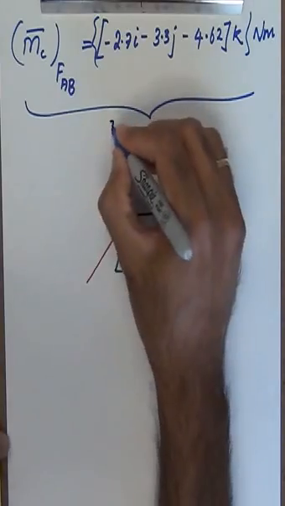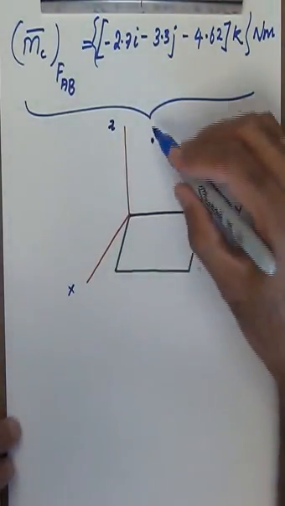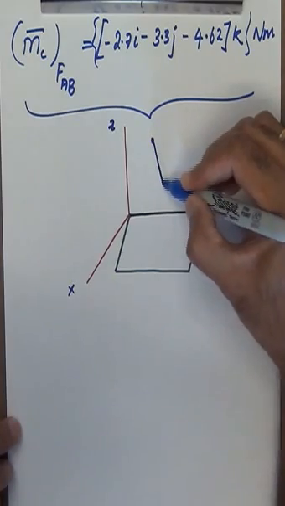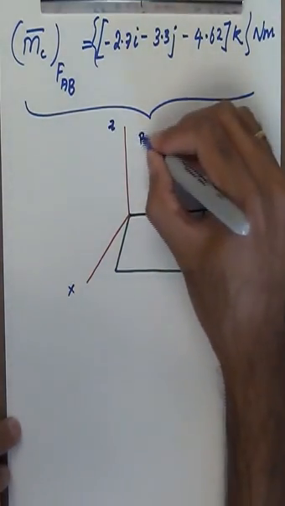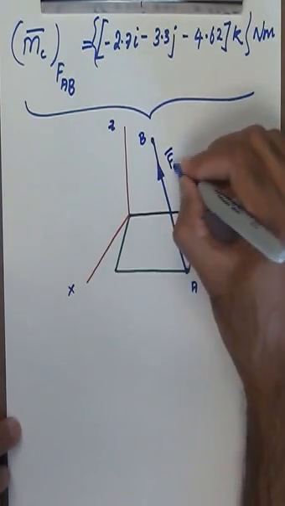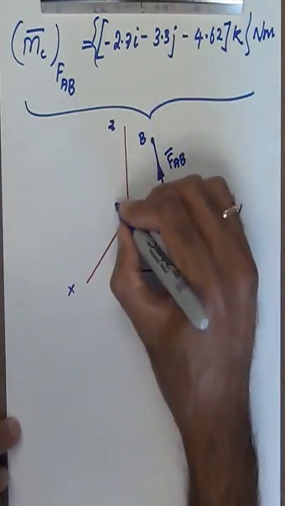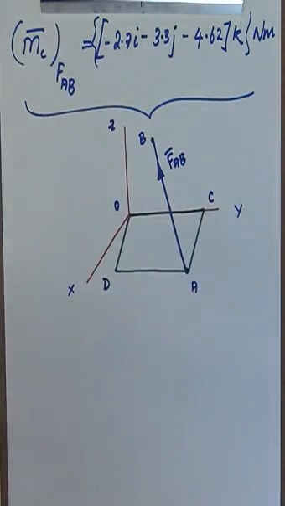First of all, this is the z, this is the x, and this is the y. The force vector goes from the point A to the point B, and the force vector is FAB. This is the point O, this is the point C, and then I have the point D.